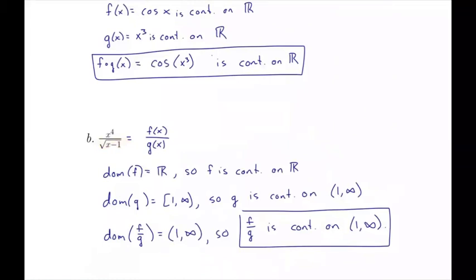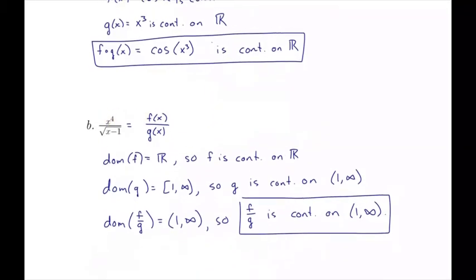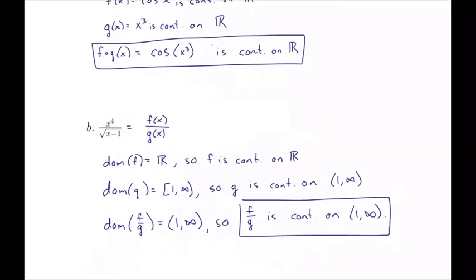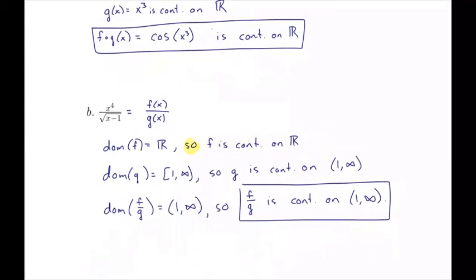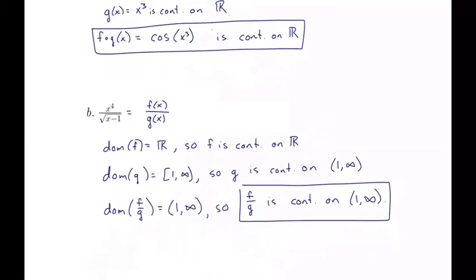So anyway, the domain: the numerator function f of x is x to the fourth, which is a polynomial. The domain of f is all reals. f is a polynomial.